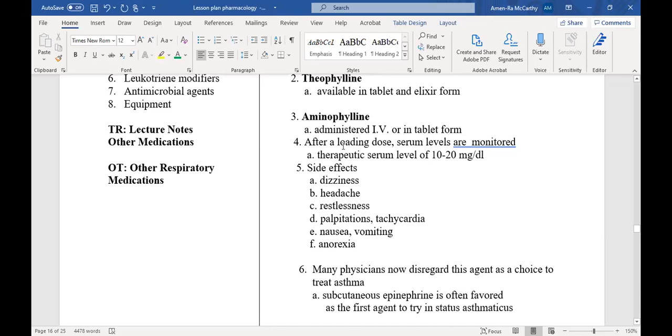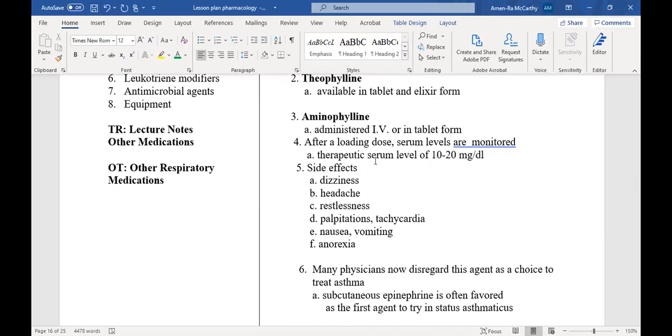We give you a massive amount of it first, and then we check your blood levels to see if your level of xanthine is still 10 to 20 milligrams per deciliter of blood. We check you every now and then to see if that therapeutic level is still in there.